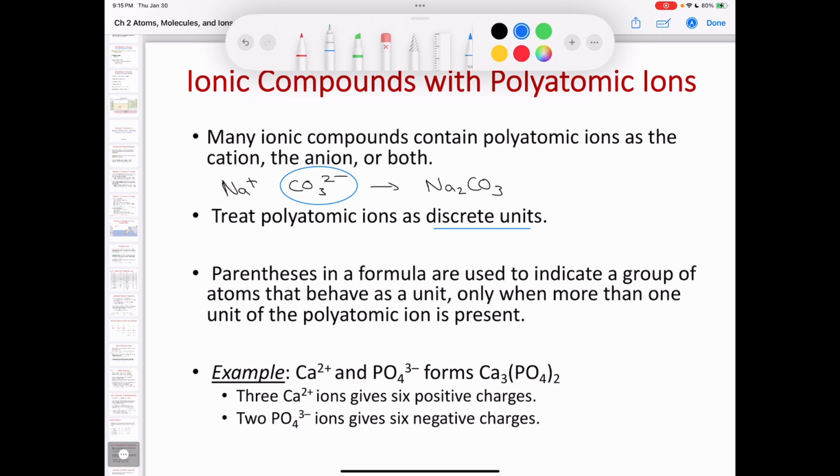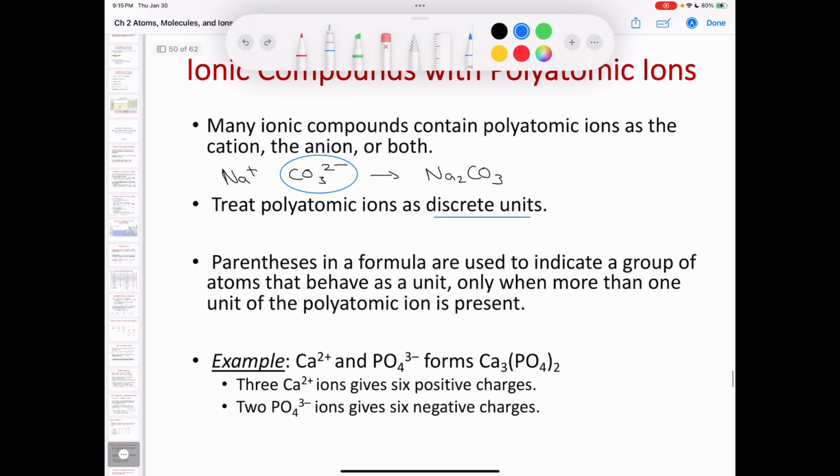Now, if you have a polyatomic ion that has to be repeated, and so in this compound, it only shows up once, but if you need your polyatomic ion to repeat 2 or 3 times in order to get the charges to cancel, in that case, we use parentheses like this. So let's say you wanted to make an ionic compound out of calcium, which is a metal, and phosphate, which is a polyatomic ion. It's made out of phosphorus and oxygen.